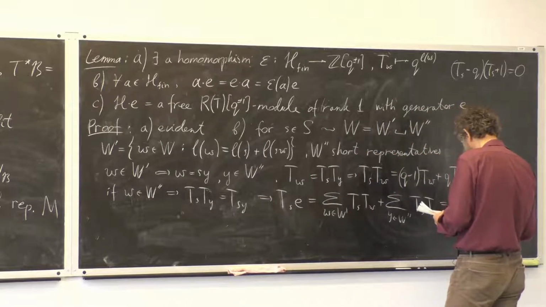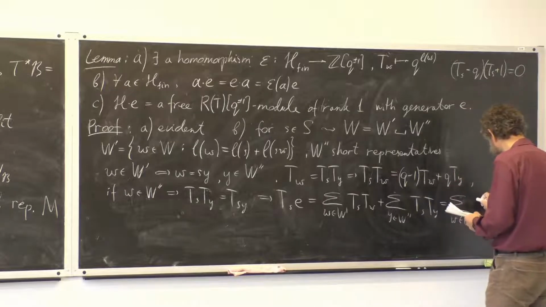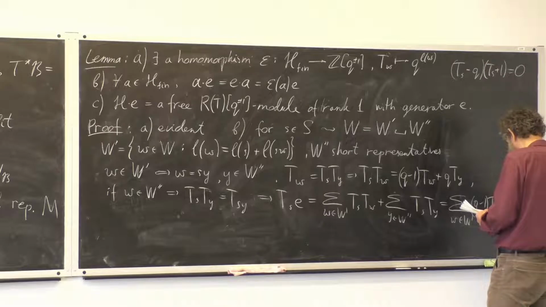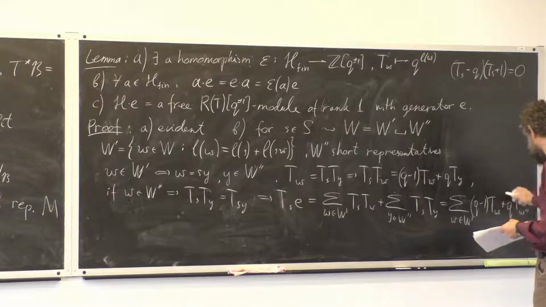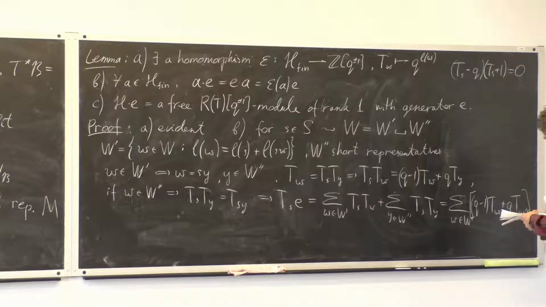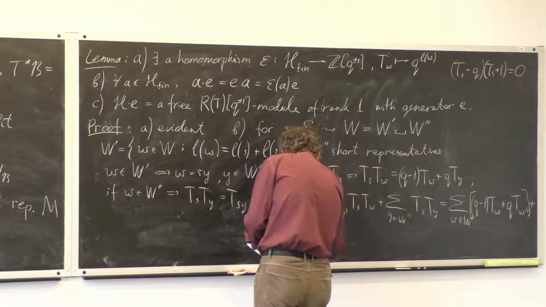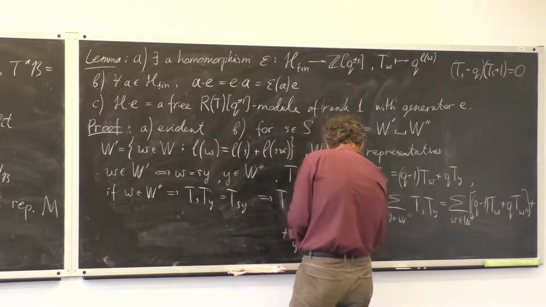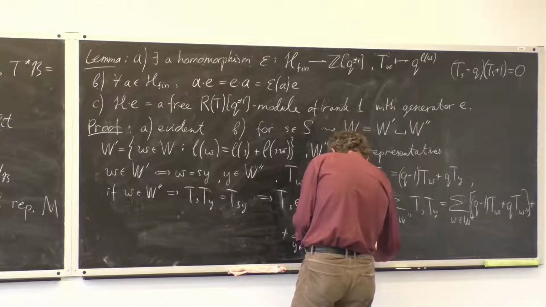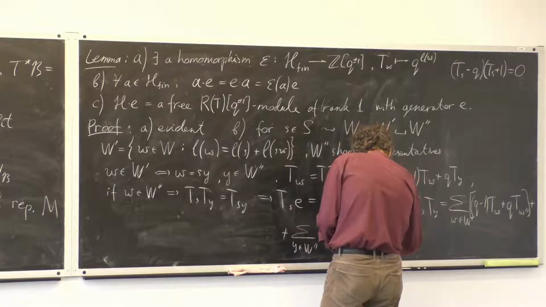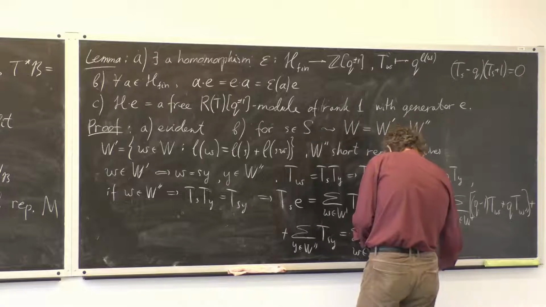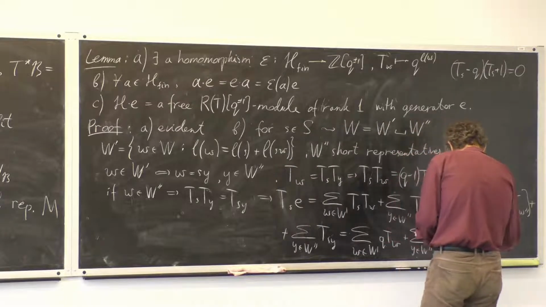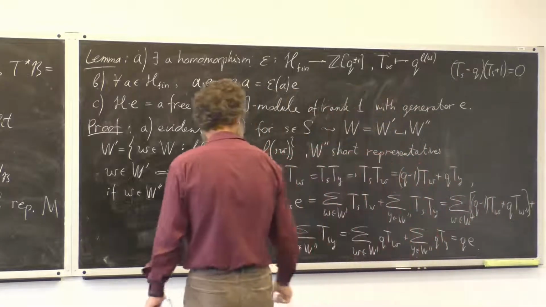And so this is the sum over W prime Q minus 1 TW plus Q TY, something like this, plus the sum over W double prime TSY, and then this is just the sum over W prime Q TW plus the sum over W double prime Q TY, and so this is equal just Q E, and that's what we wanted to prove.